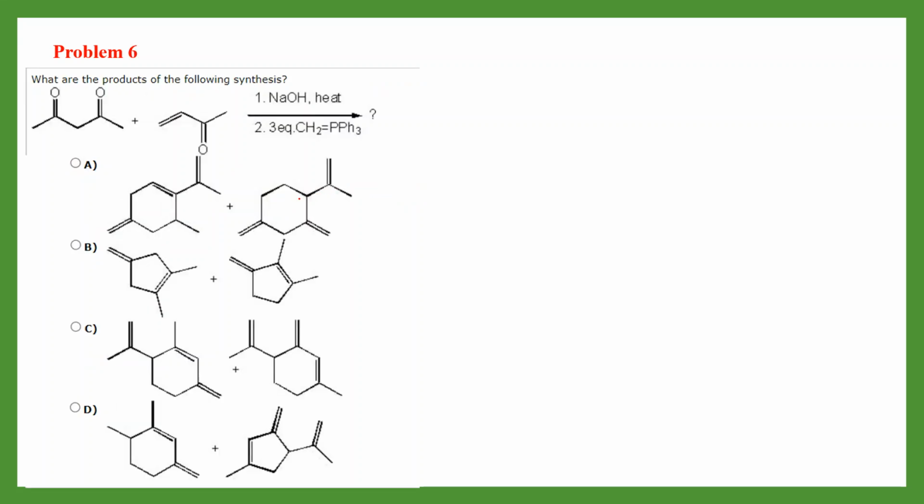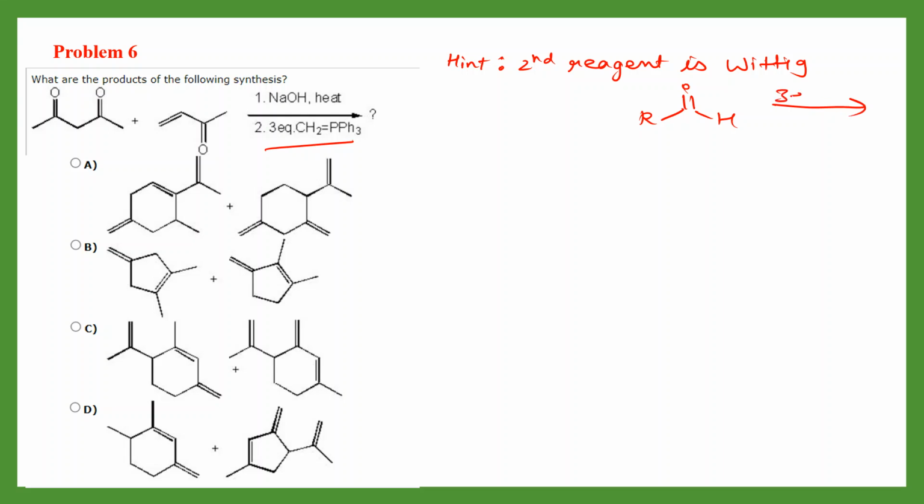Problem number 6. What are the products of the following synthesis? The hint for this question is that the second reagent is Wittig. If you have RCHO, it just converts your carbonyl to a methylene group.